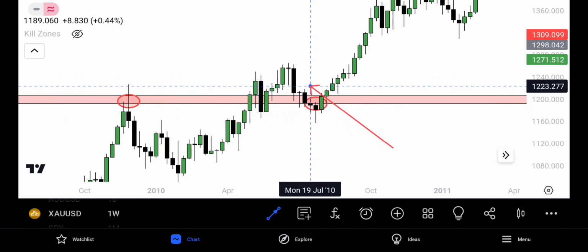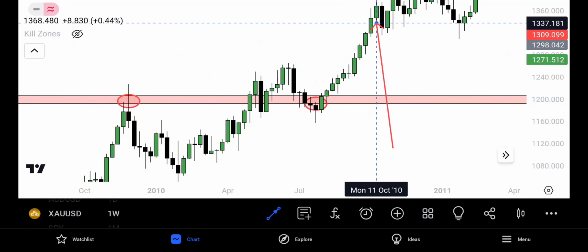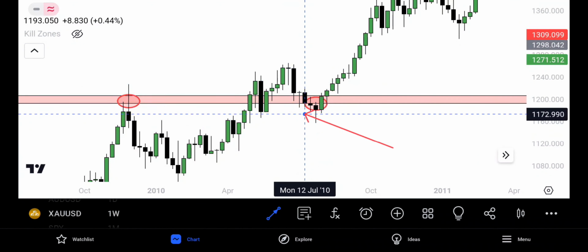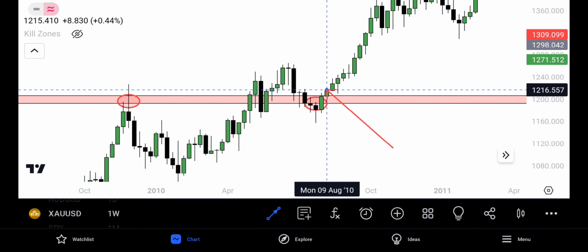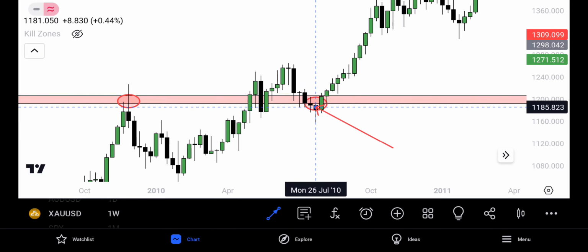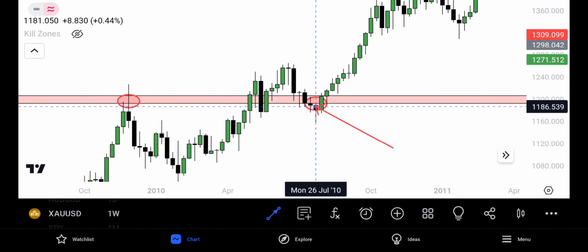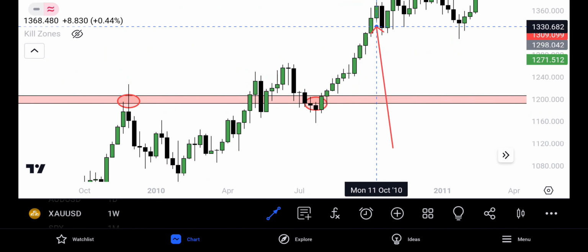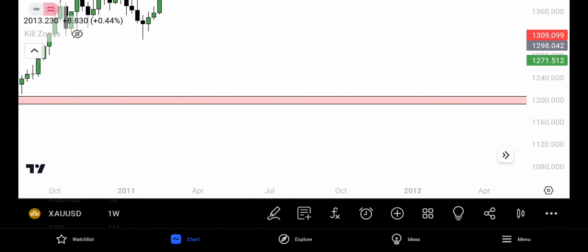Also, you can see here, price came here, tapped here, and price went up. So if you know this, you can literally wait for price. The moment price comes to tap on this level and you see your rejection to go up, you take your trades and you make good money. And that's not just the touches on the red level.